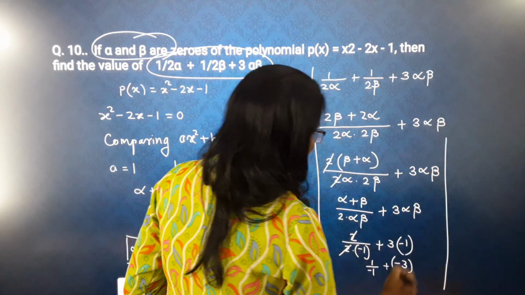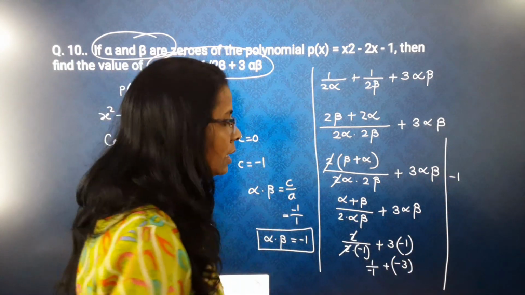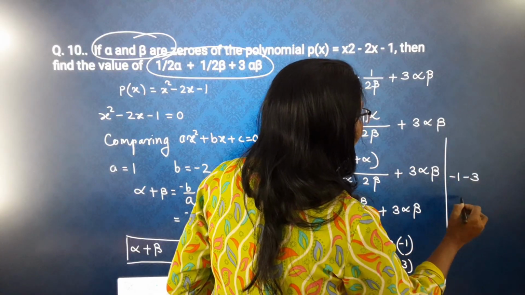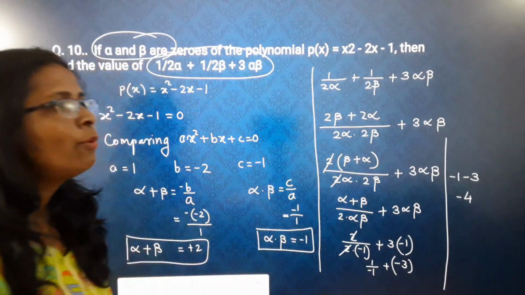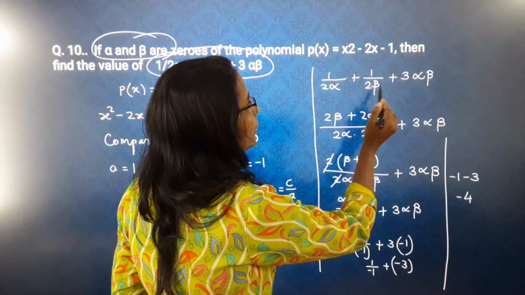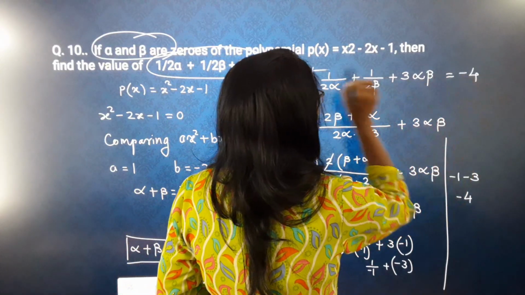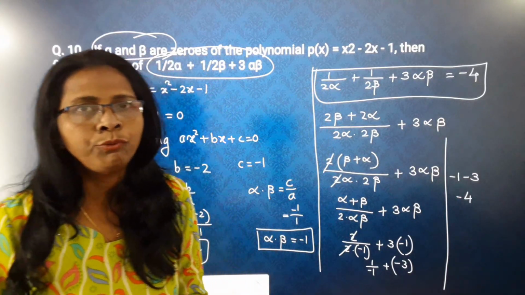So 1 upon minus 1 means minus 1, and plus minus 3 is minus 3, so that equals minus 4. So our answer, 1 upon 2 alpha plus 1 upon 2 beta plus 3 alpha beta, is equal to minus 4.